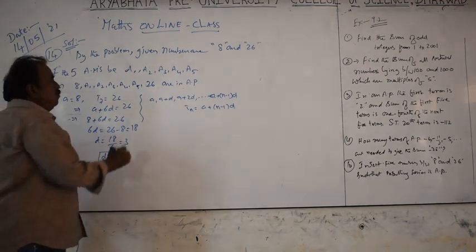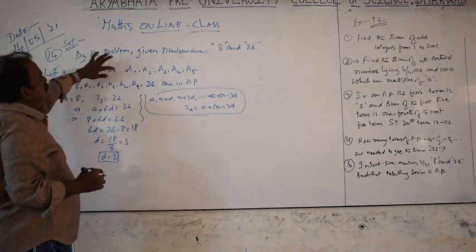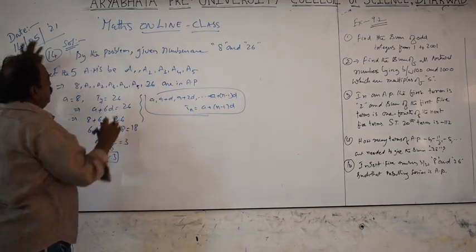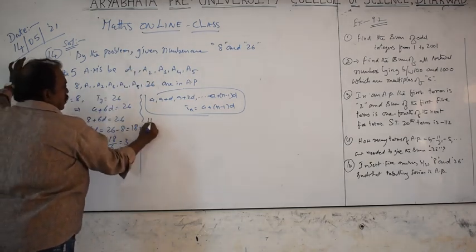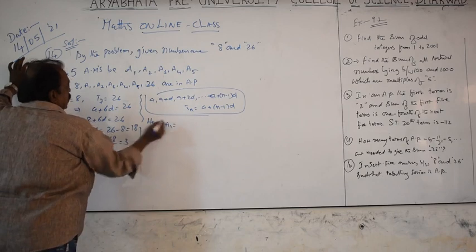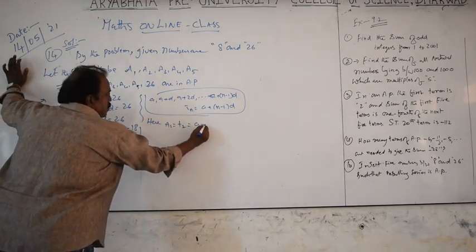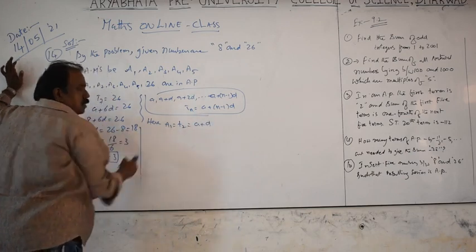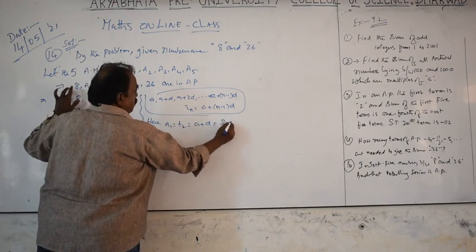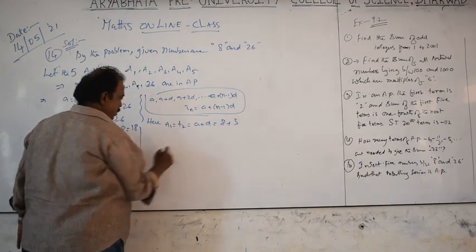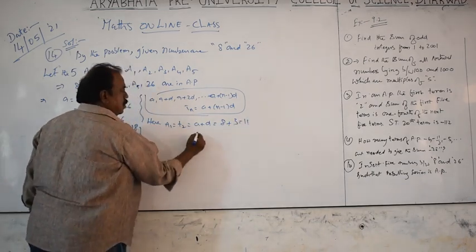Now you see, I have to find this A1 first. A1 is the second term, T2. That is A plus 1D, equal to A is 8 plus D is 3, so it is 11.